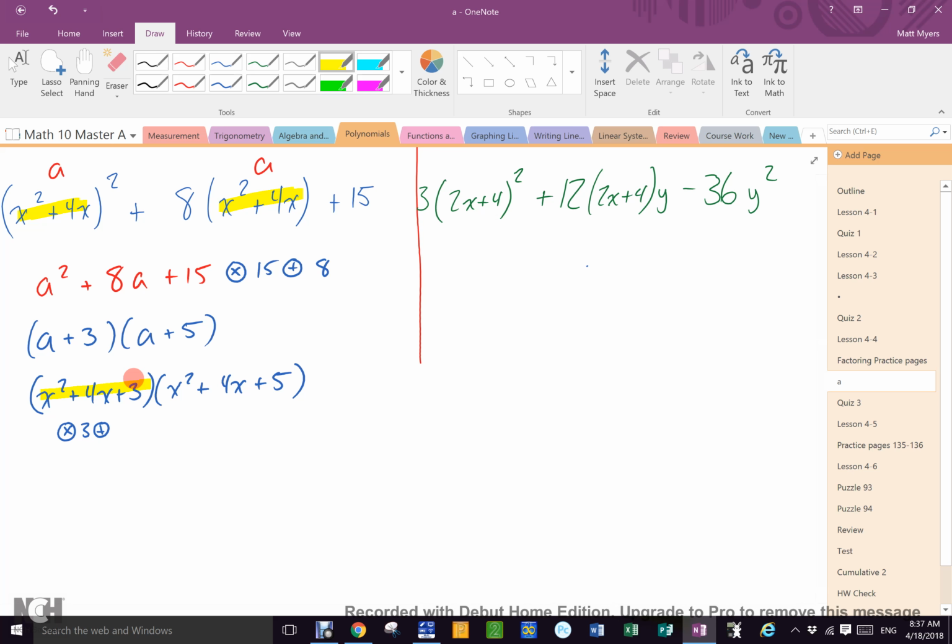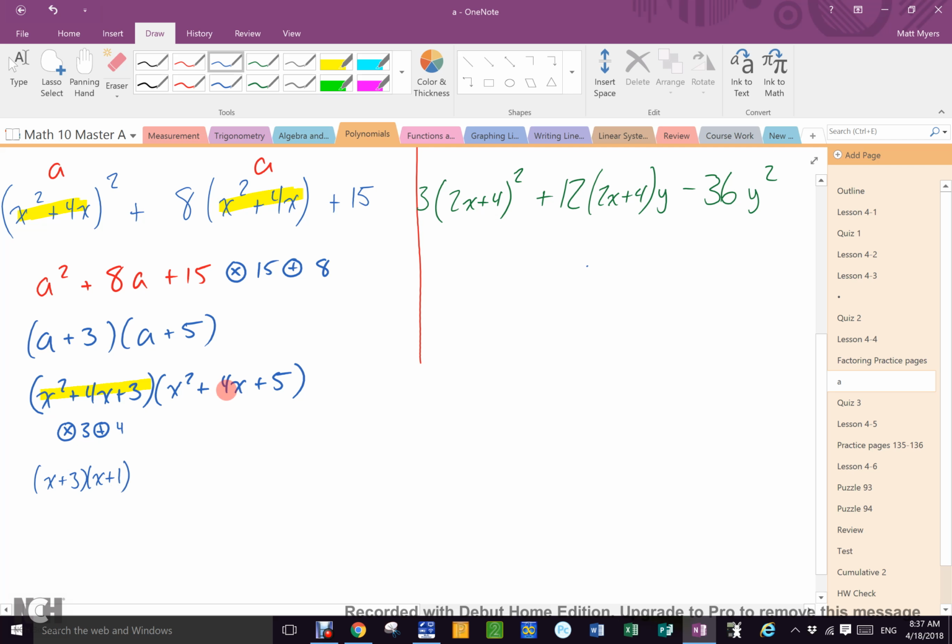What would I have to add to 4? I don't know why it takes that long to get an answer when right up here everybody knew it was 15 and 8. I don't know why you have trouble seeing that that is 3 and 4. What are the factors of 3 that add to 4? Is it 1 and 3? Yeah, because they're the only factors of 3. So that's x plus 3, x plus 1, correct?